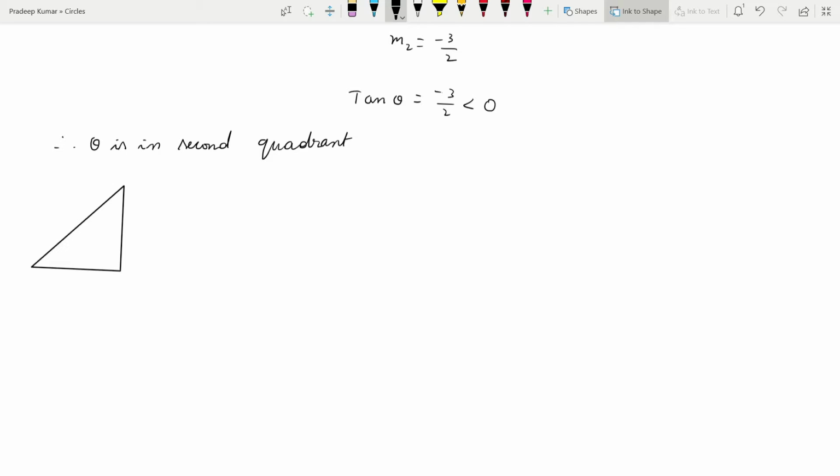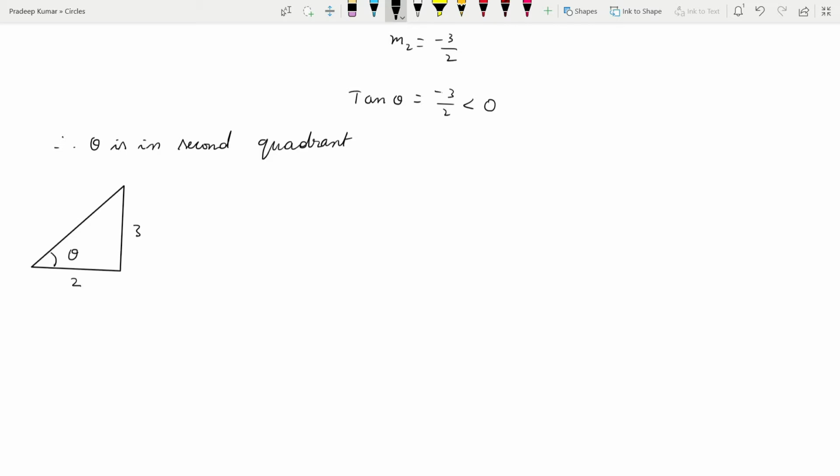The value of tan theta is opposite by adjacent, which means if theta is over here, the opposite value is 3 and the adjacent is 2. So we have opposite and adjacent.